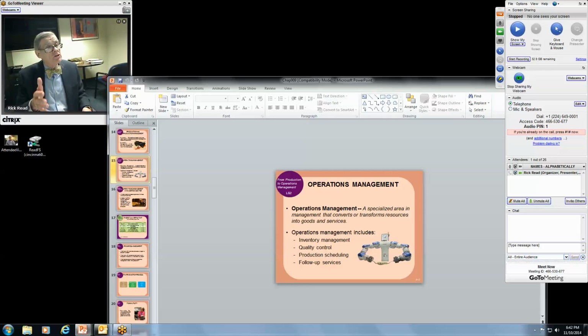And one of the ways we do this is we pay attention to these 4 areas, and we bring them to bear when we're doing something. Inventory control, quality control. Of course, I prefer to use the term quality assurance, production scheduling, and then the follow-up services.